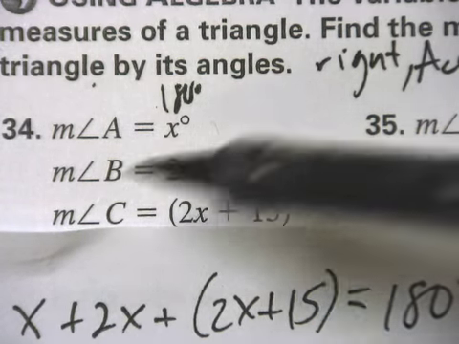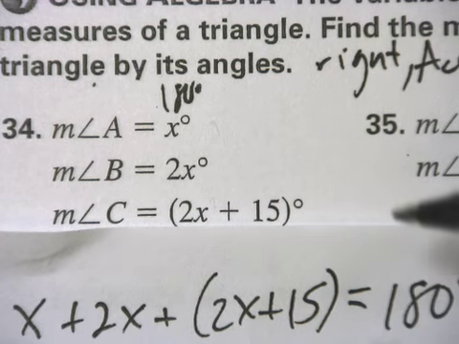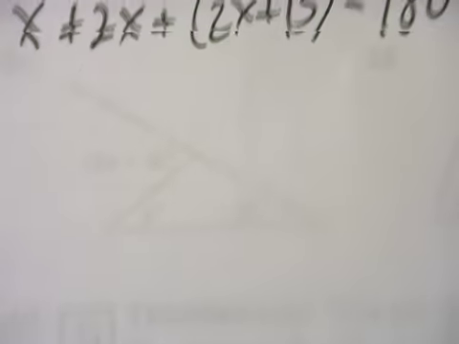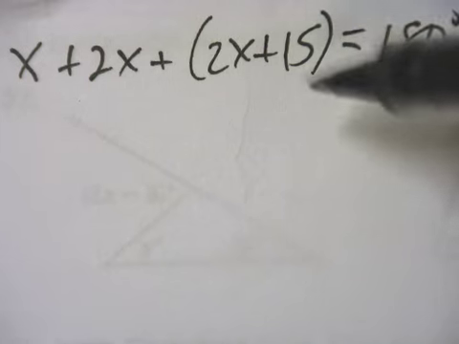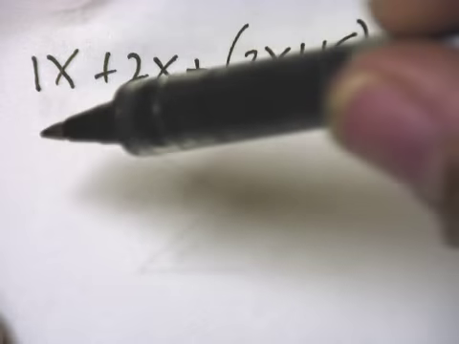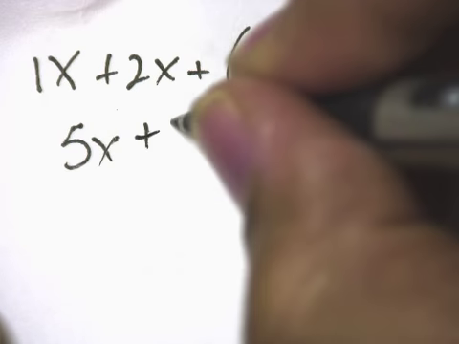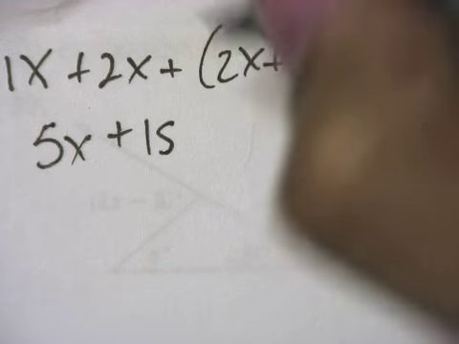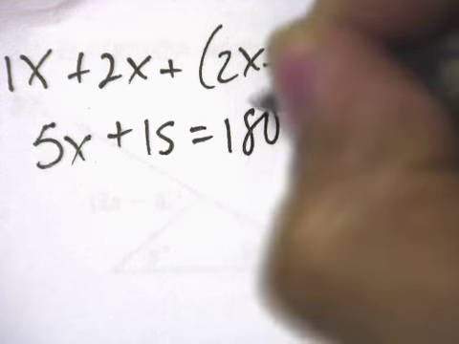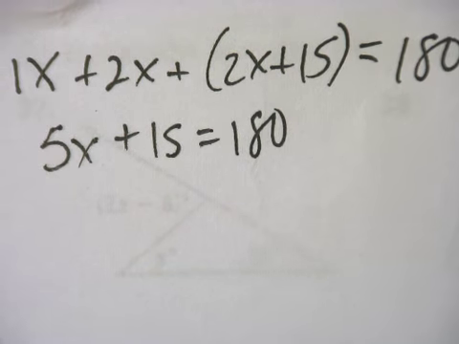So we can see here, I've taken the three angles, I'm adding them together, and they should all equal 180 degrees. Well, let me just combine like terms. 1x plus 2x plus 2x is going to give me 5x plus 15 is equal to 180.